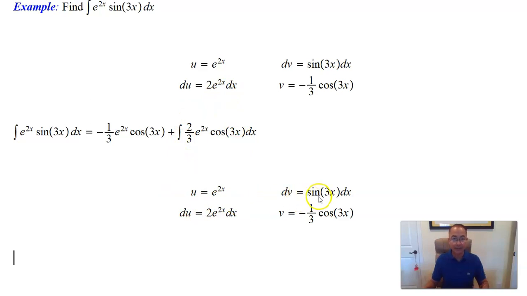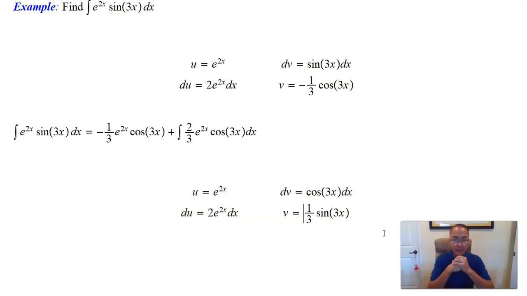But we do have to make some changes because this time we have e to the 2x cosine 3x. So this should be a cosine. And we still have e to the 2x as one of the factors. Du is going to be the same, 2e to the 2x dx, but v, integral of cosine, is now positive sine, not negative sine. And we still have the 1/3 as before because of the little substitution.